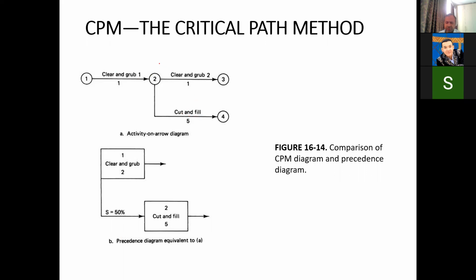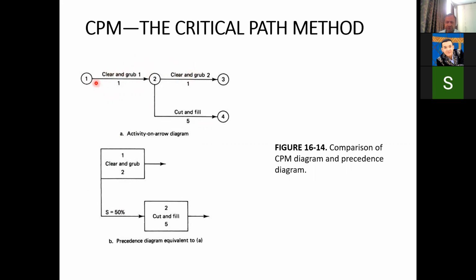So in that case, if we want to represent it in the activity on arrow diagram, just like in this case A over here, we have to divide this clear and grub activity into 2 sub activities. So clear and grub 1 and clear and grub 2.